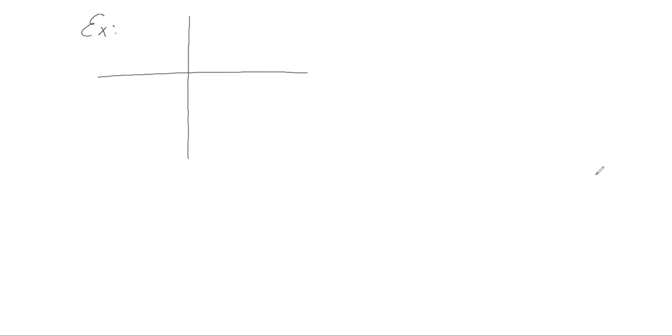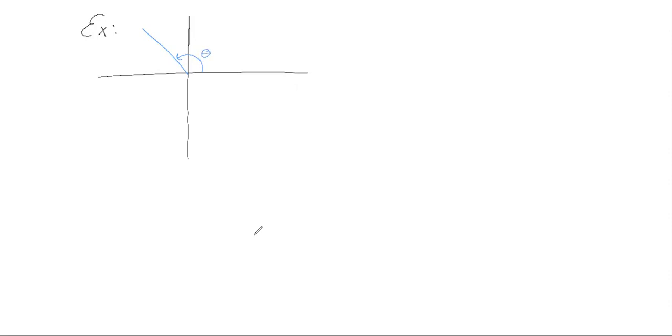Let's suppose that we're looking at an angle whose terminal side is in quadrant 2. So I have an angle in standard position here, and we'll call that angle theta.